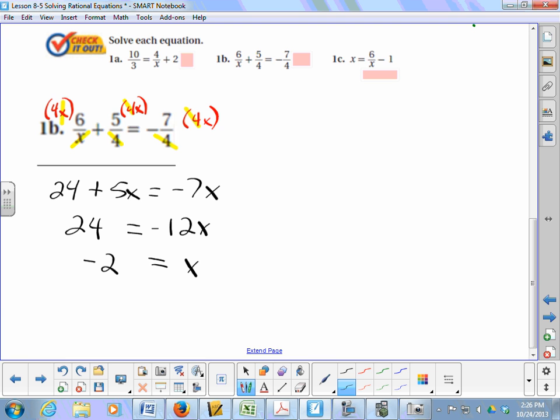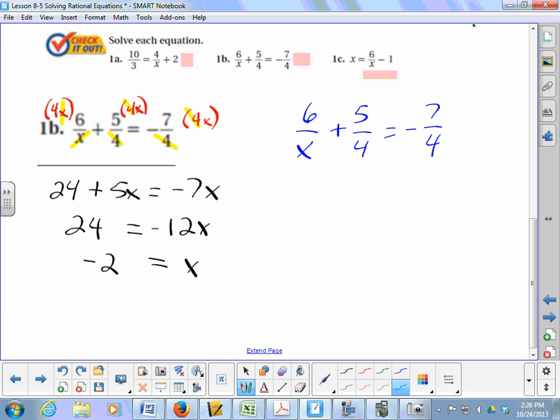Now, can anybody see a different way I could possibly do this problem? Because there's actually something unique about this problem that I could do a little bit differently, and some of you might even prefer it. David?